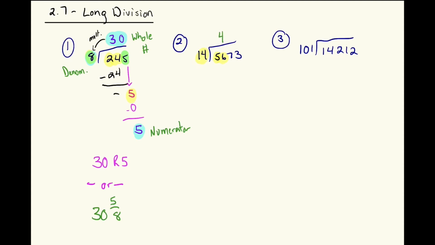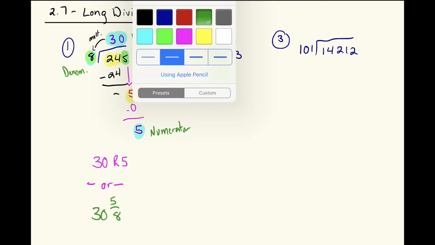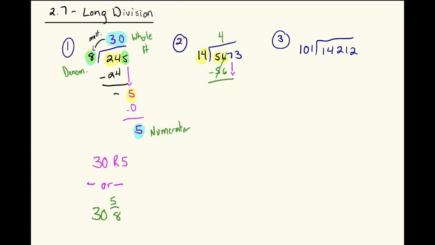You can check that if you would like. 14 times 4 is 56. So, again, we multiply 4 times 14 to get 56. We subtract, and maybe we just write it like that.